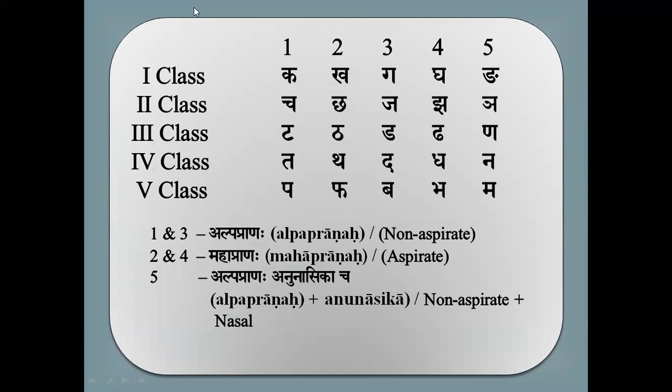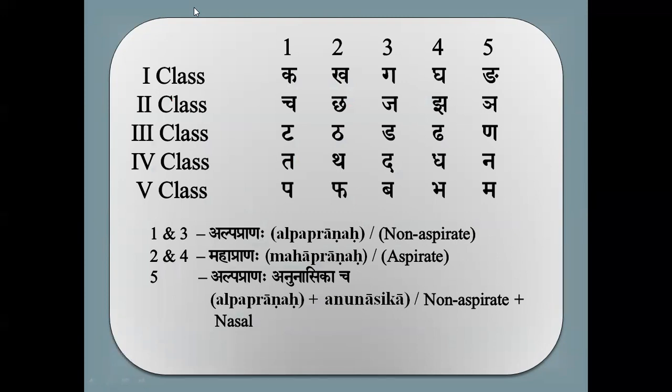Non-aspirate plus nasal. Alpa prana, anunasika. Anunasika is a word for nasal. So you can remember 1, 3, 5 alpa pranaha and 2, 4 mahapranaha, and 5 is also nasal, anunasika.